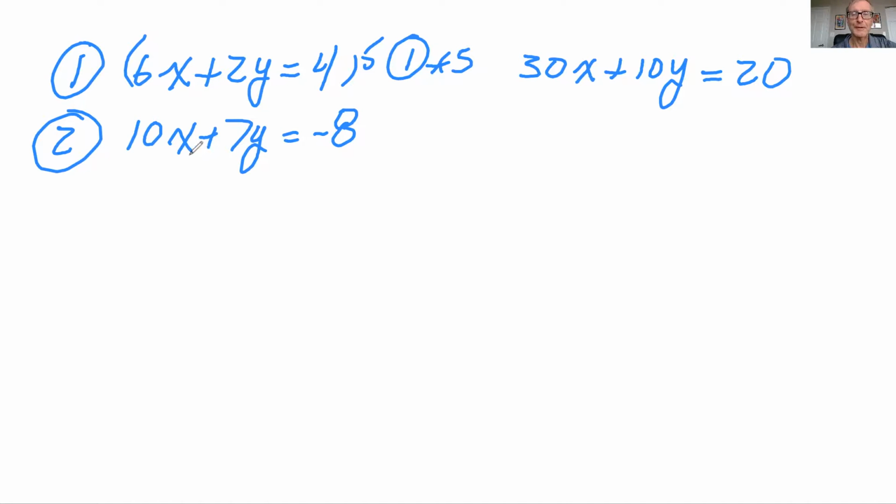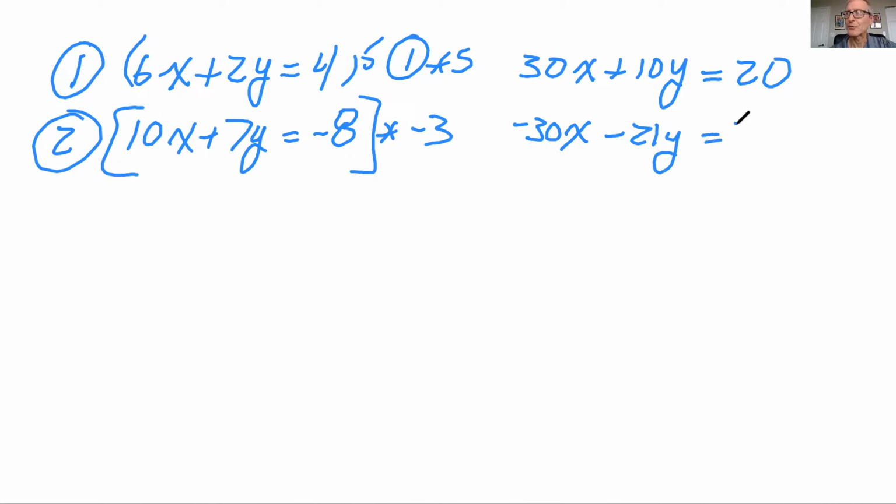I want this second one here to be minus 30x, so when I add these together it cancels out the x. That's the strategy. So what I will do here is multiply this by minus 3. If I do that, that would be minus 30x minus 21y equals 24.